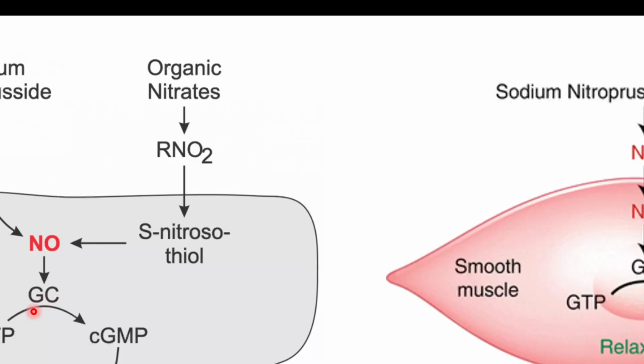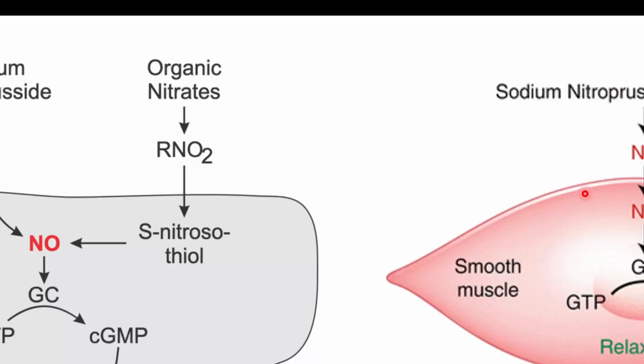GC is guanylyl cyclase, guanyl cyclase, an enzyme which catalyzes the conversion of GTP, guanosine triphosphate, to cGMP or cyclic GMP. Right? Now, when there is excess cyclic GMP in the smooth muscle, this leads to relaxation of the smooth muscle.